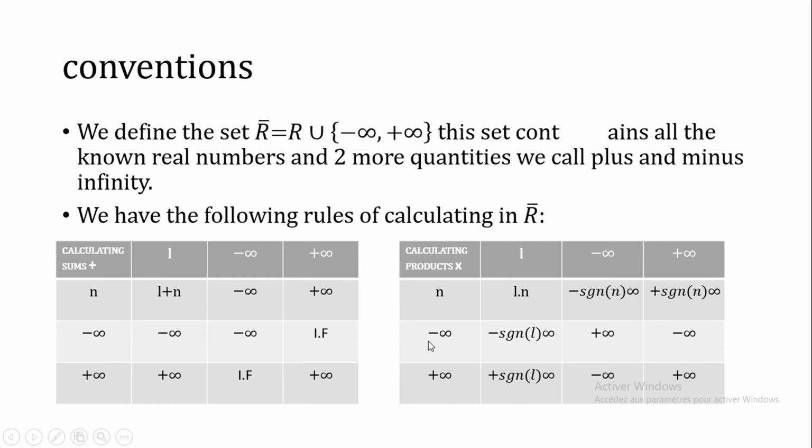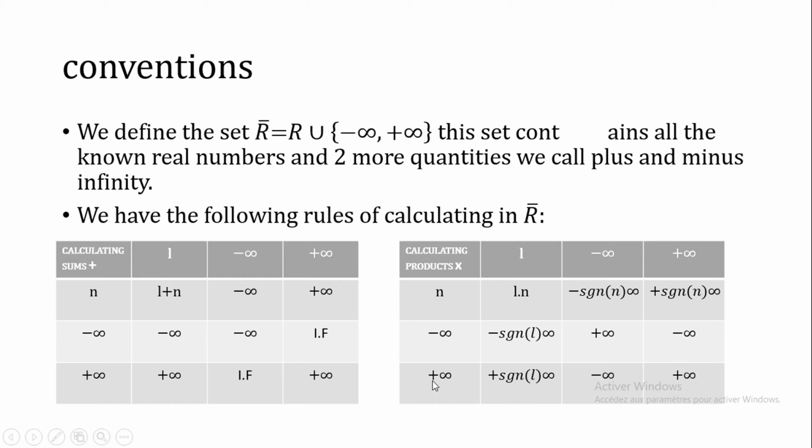The same here with minus infinity times L. It depends on the sign of L. Minus infinity times minus infinity is plus infinity, as we just said, minus times minus gives us plus. And minus infinity times plus infinity gives us minus infinity, because we have minus times plus, which is minus.